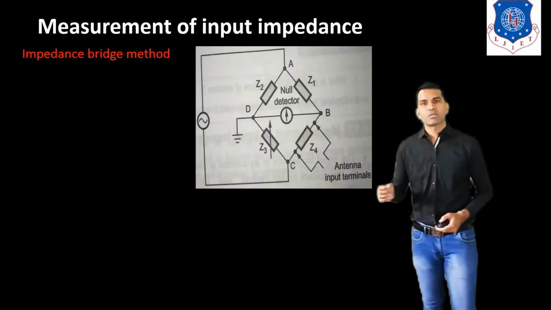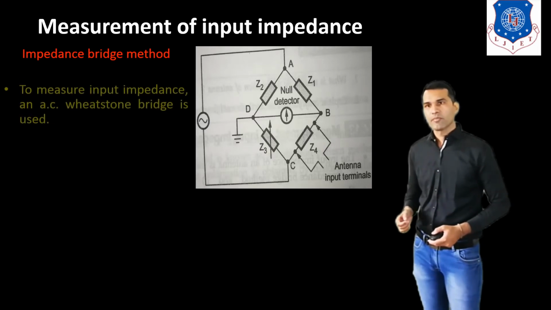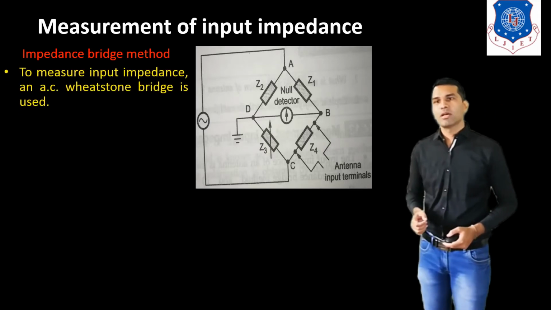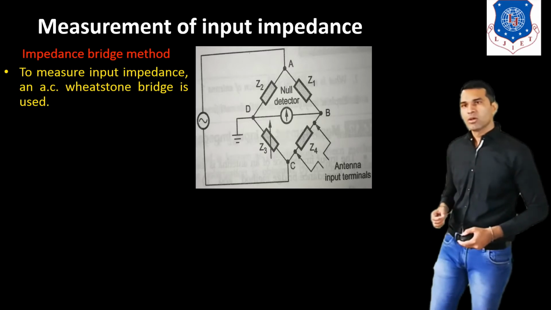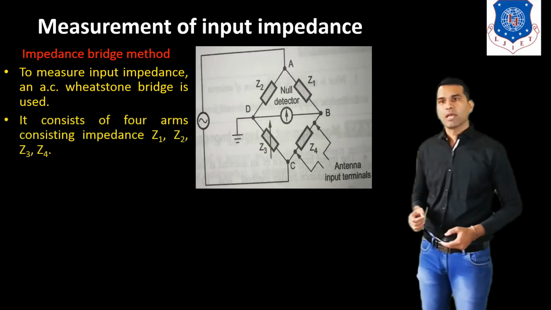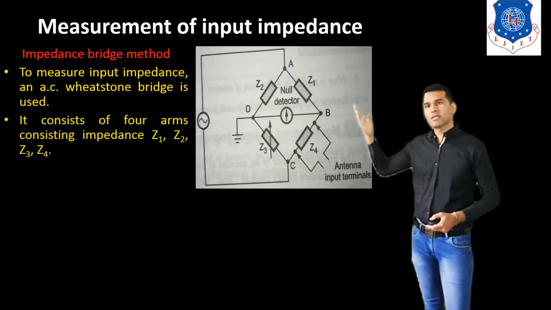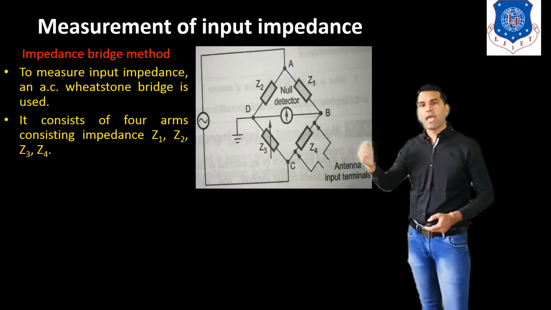Now we discuss the first method of impedance measurement, the impedance bridge method. To measure the input impedance, an AC Wheatstone bridge is used. It consists of 4 arms having impedances Z1, Z2, Z3 and Z4.